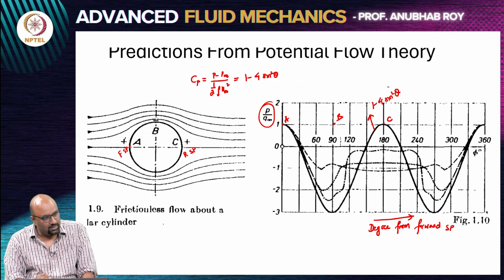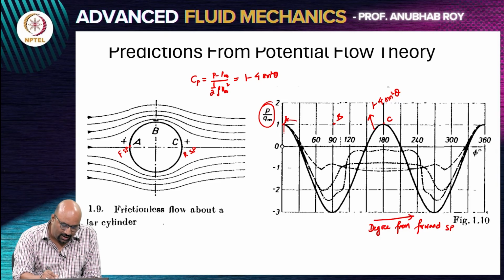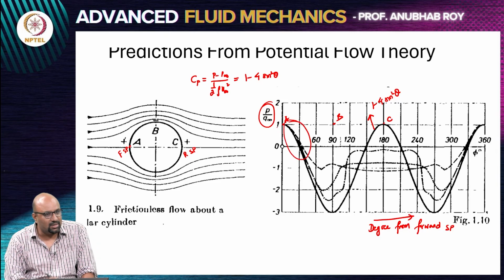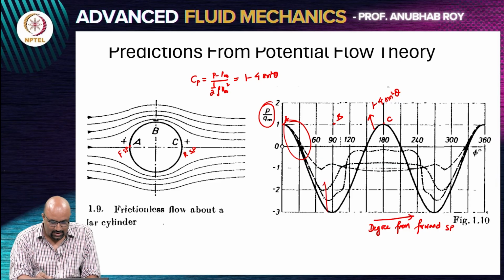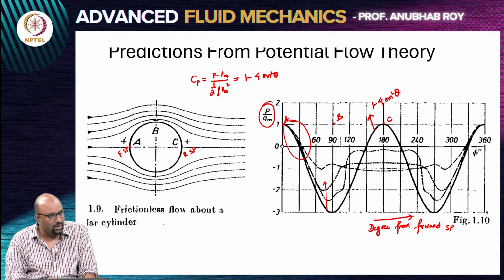What you observe is that the pressure profile within some distance from the forward stagnation point is well described by potential flow. But as you keep moving further away, you start seeing deviations. Deviations of two kinds. One is obviously that the value of pressure that you are measuring is getting lowered. But the other interesting deviation is that the pressure profile is no longer left-right symmetric.